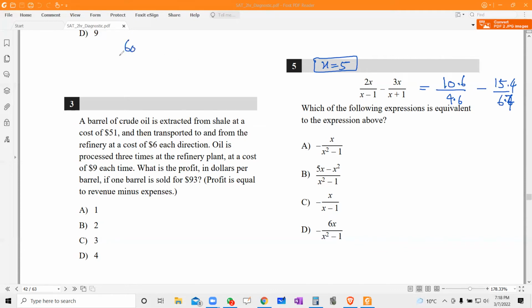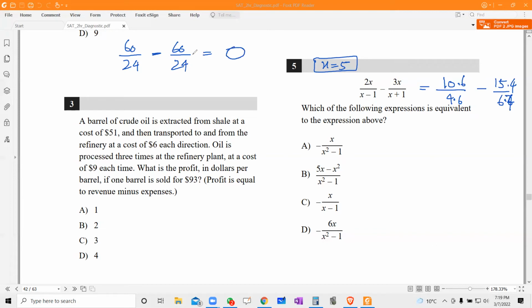Then 4 times 6 is 24, minus 60 over 24. So 60 over 24 minus 60 over 24 is how much?